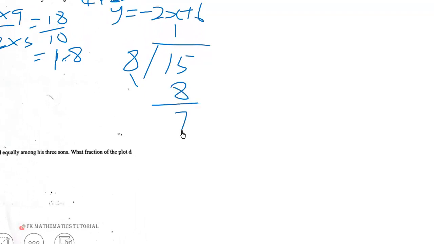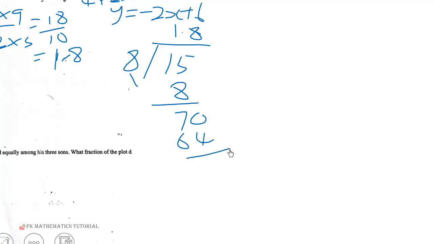Subtract, you get 7. 8 goes into 7, you can't, so you bring the point 0. 8 into 70, that will be 8 times. 8 times 8 is 64.